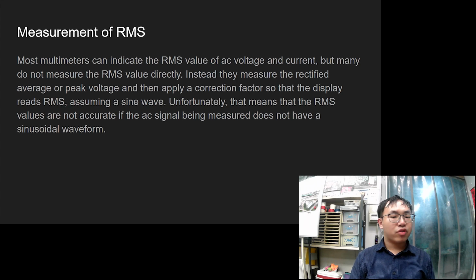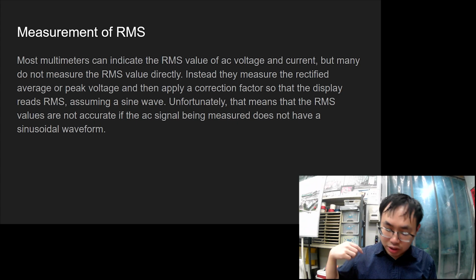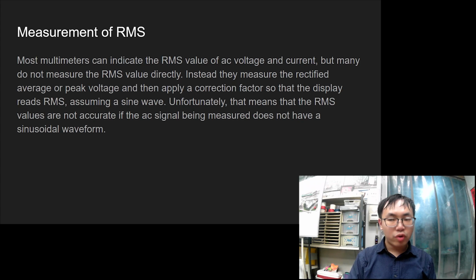If you have a complex waveform, you can't get the RMS value by dividing peak by √2; you have to do the integration yourself. Every question in our exam uses a sine wave, so that's why it is 1/√2. If one day you do a measurement and it is no longer a perfect sine wave, like a square wave, sawtooth, or triangle wave, then it is not 1/√2 and you need to use integration.